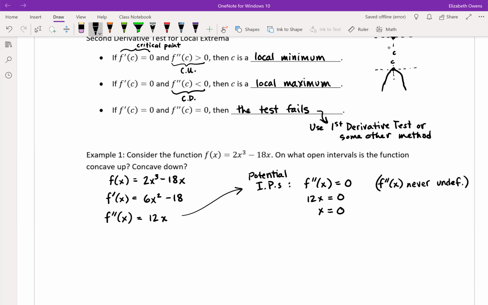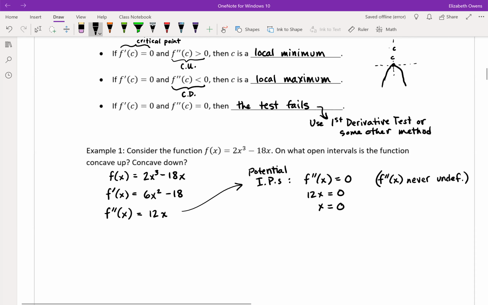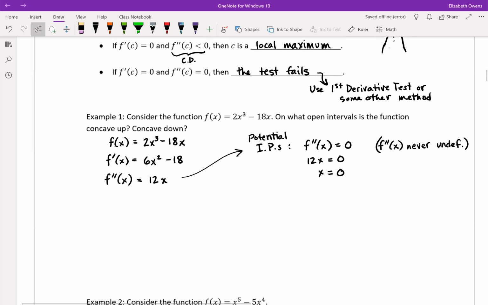Okay, so for testing of our second derivative, we're going to set ourselves up with a number line, and I'm going to label that number line to show us what is being tested there, f double prime of x, which is 12x.